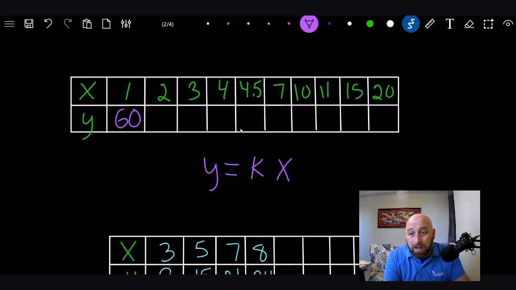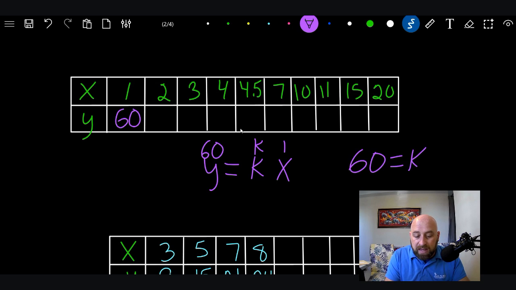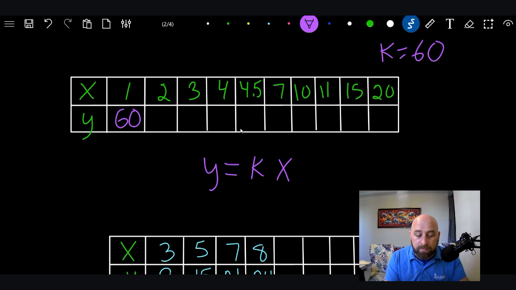Now, if you take this chart and you have the x and the y, watch what happens if I put the 60 and I leave this as the k, and I leave this as 1. What does that equal? 1 times k is just k. So 60 equals k. This tells us what our k is. So for this problem, our k equals 60.